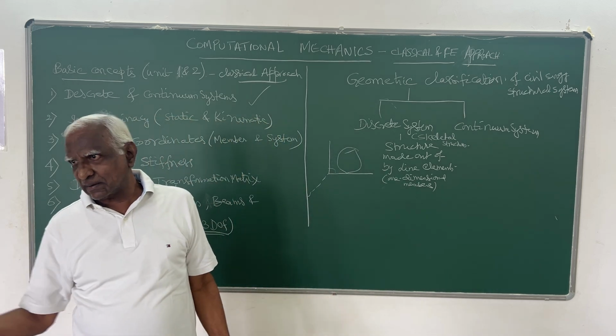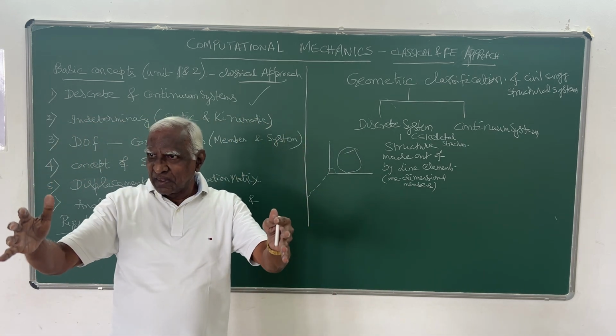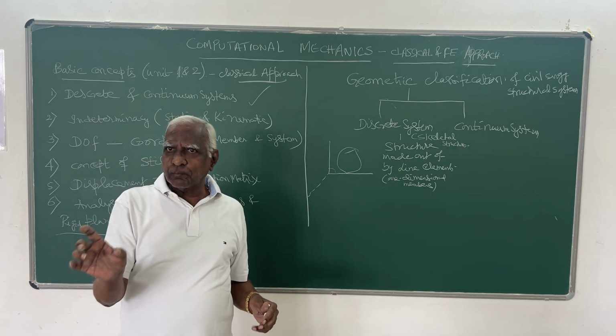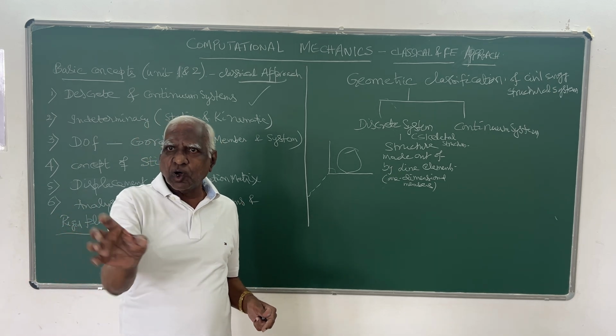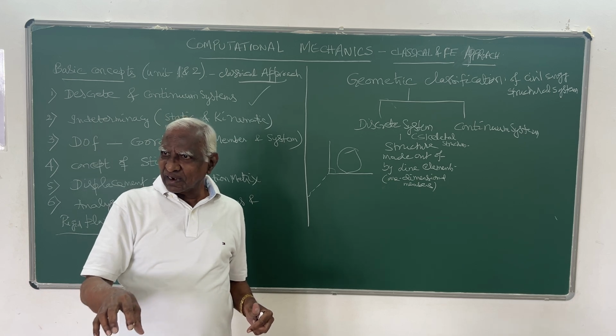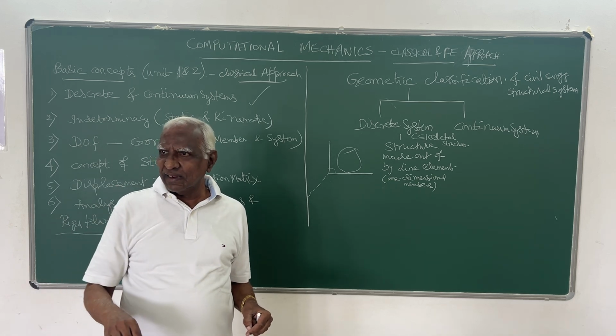Solid means three-dimensional elements. If you take a pedestal, you can assume it to be made out of a number of small brick elements. So that is a three-dimensional element.